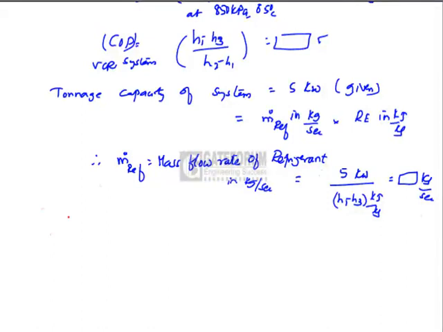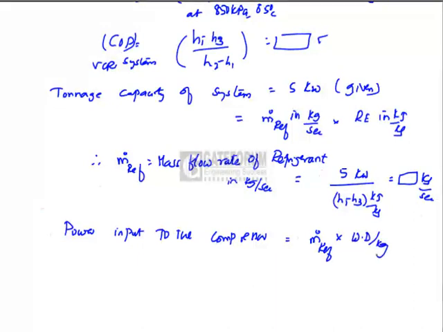Now let us calculate the power input to the compressor. Power input to the compressor is equal to mass flow rate of the refrigerant into work done per kg.